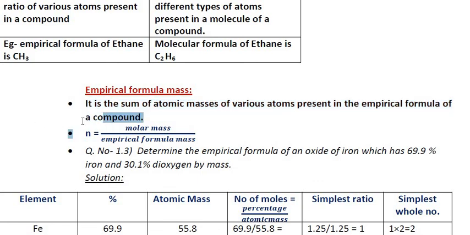As you have calculated molecular mass, similarly you will calculate the empirical formula mass. So how will we do that? Since the empirical formula of ethane is CH3, we have to find the sum of all the atoms present in it. We have 1 atom of carbon and 3 atoms of hydrogen. When we sum up the atomic masses of all these 4 atoms, we will get the empirical formula mass.